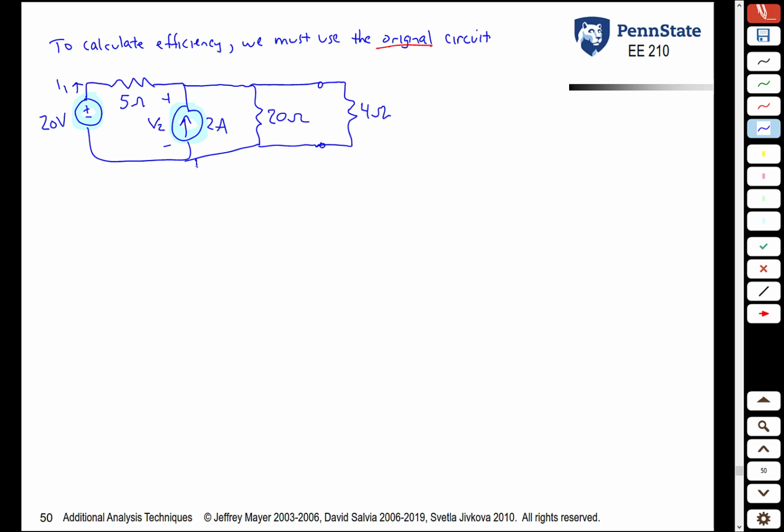So using KCL, let's call this ground here. So you have a node here, value 0 volts. You have another node up here. We can call that V2. And then you have a node here with a known voltage of 20 volts. So if we do KCL at the V2 node, this current plus this current plus this current plus this current has to equal 0.